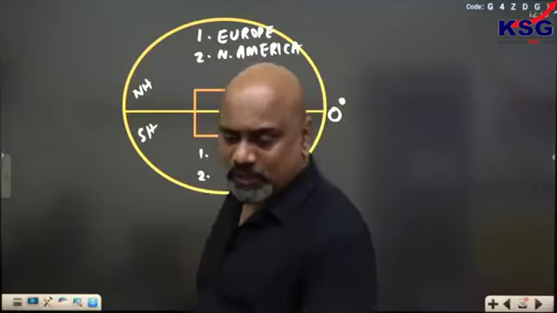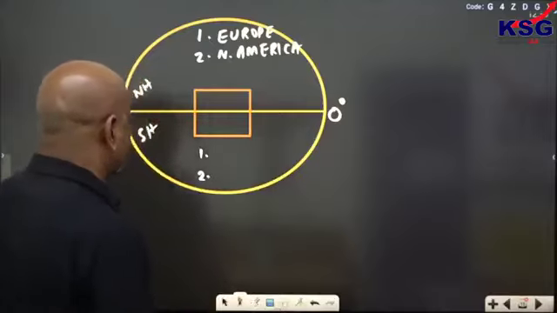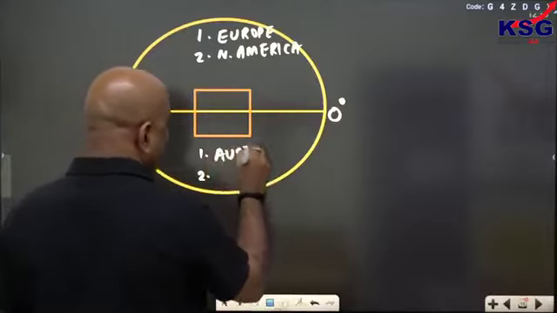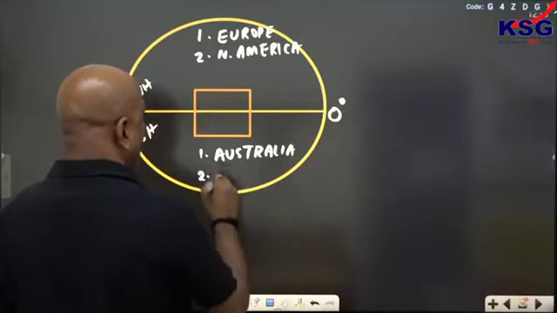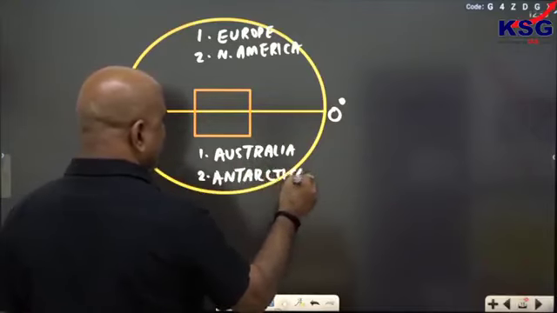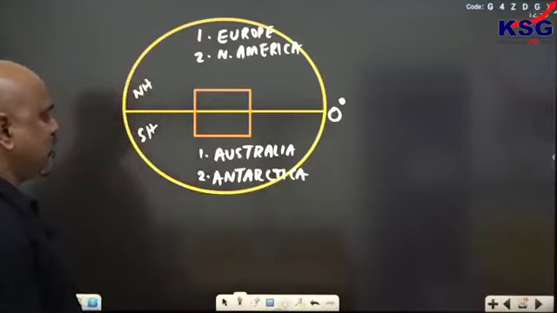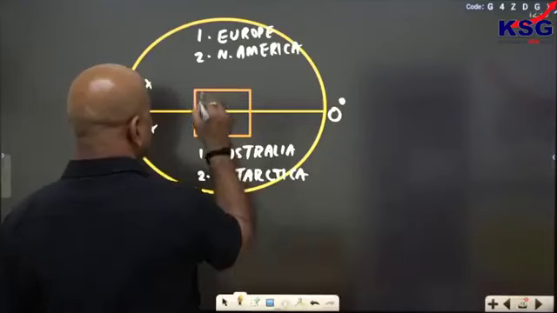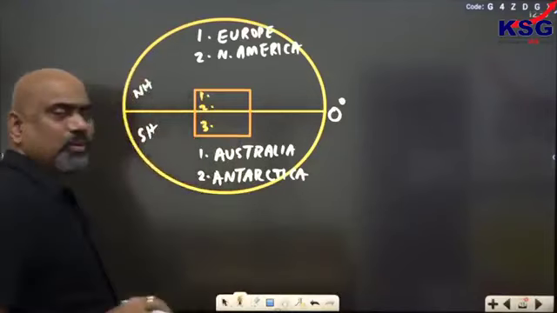Likewise, there are 2 continents which are entirely in the southern hemisphere: Australia and Antarctica. So there are 3 remaining continents through which the equator passes.